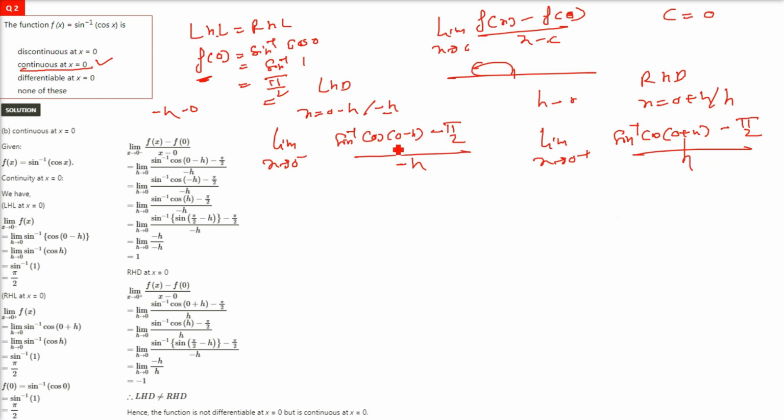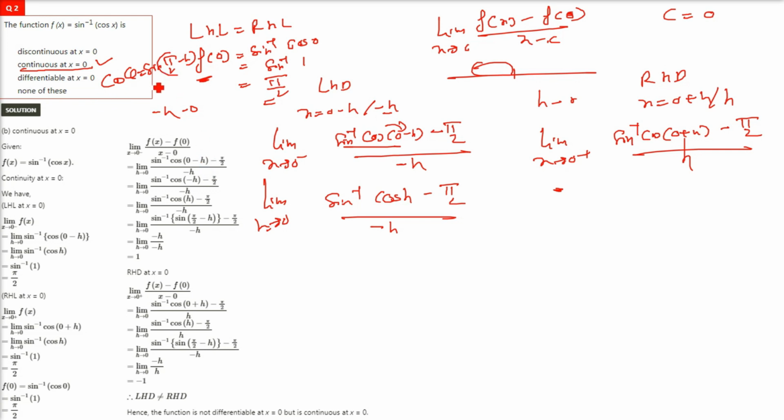Now we cannot go ahead just like what we have done in continuity. Because this cos theta, you can always write it as sine 90 minus theta. So I am changing the limit. Limit h tends to 0. And we need to write this because cos of minus theta is plus cos theta, so you can just write that as cos h. So we'll try to cancel this sine inverse and sine, because we know that cos theta is sine 90 minus theta, and cos 90 minus theta is sine theta.